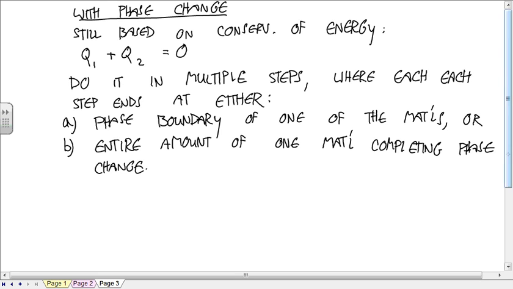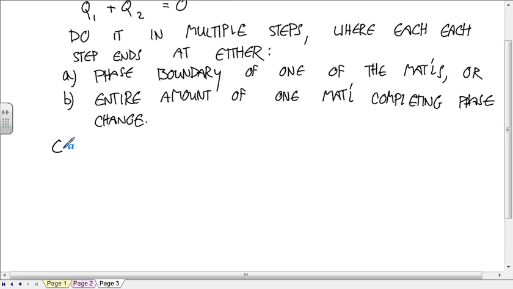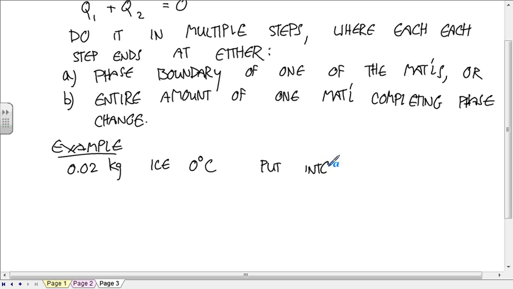Okay, so here's an example. Say that we have 0.02 kilograms of ice starting at 0 degrees Celsius, put into an insulated cup of water, liquid water.